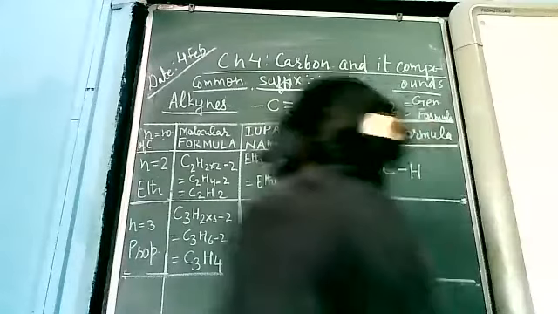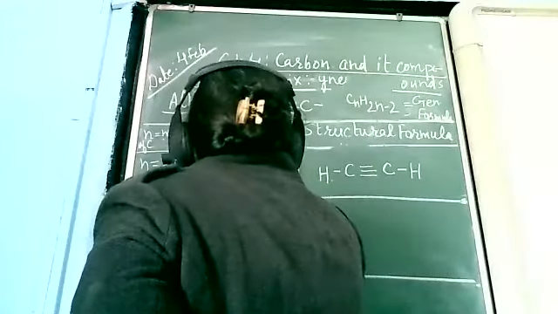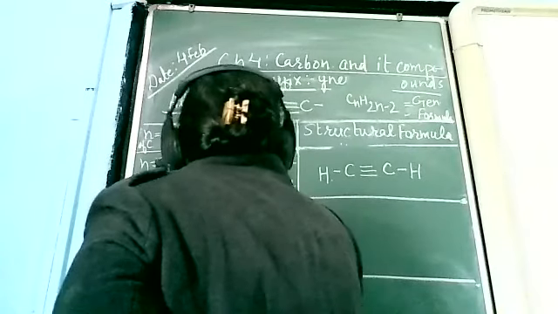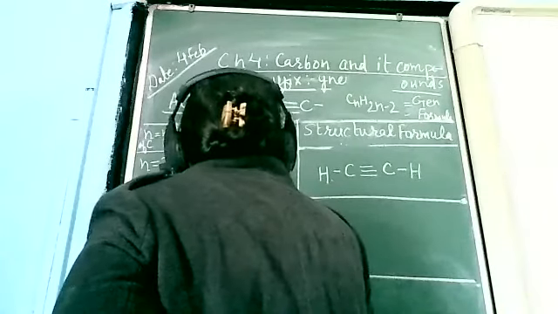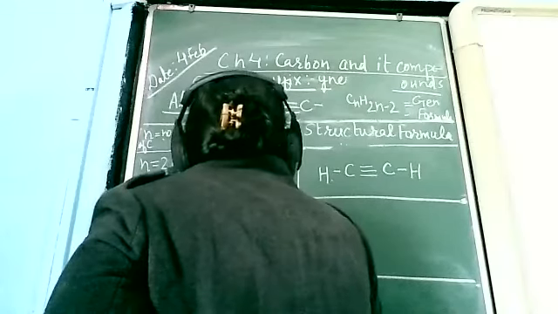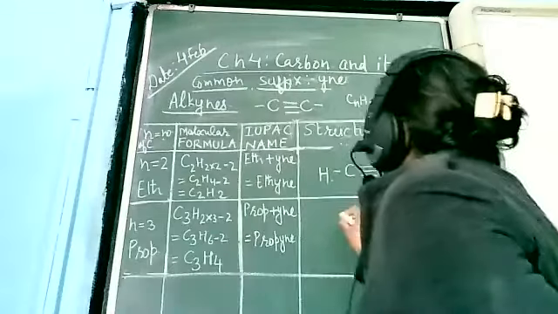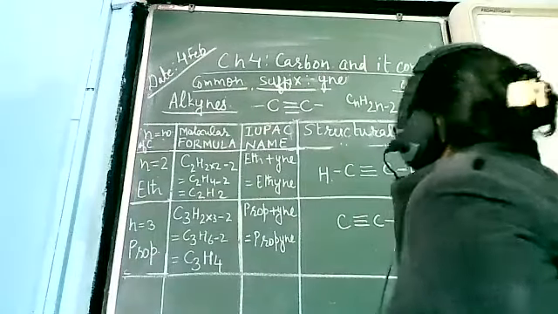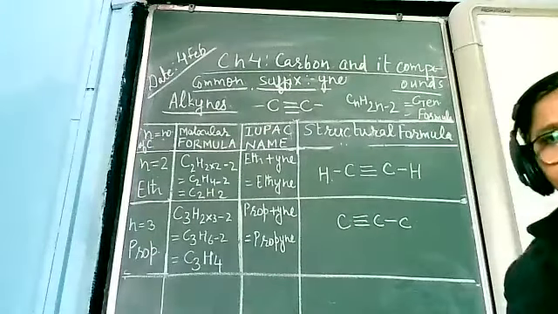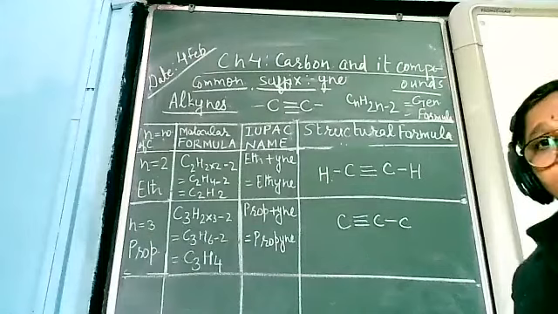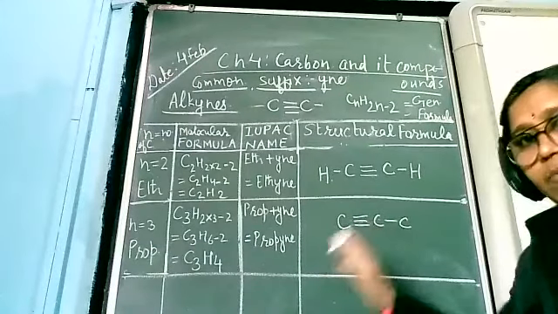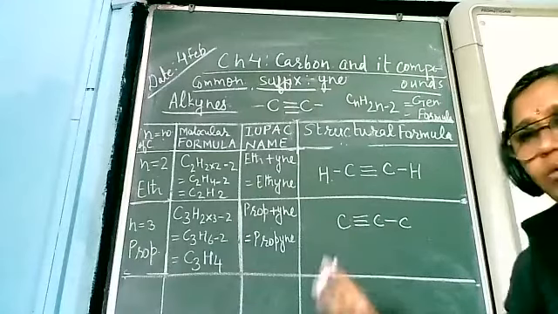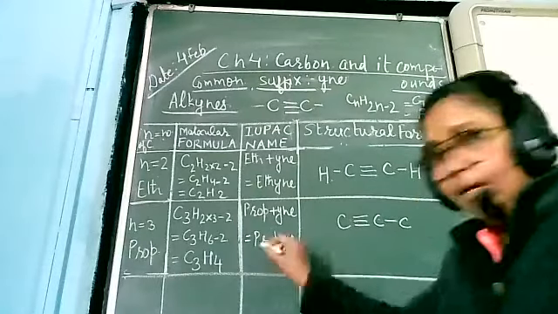Prop plus yne, propyne. Very good. What will be the structural formula? I will make the carbon chain first and I will make the triple bond with the cornermost atoms because the name is propyne, 1 propyne.